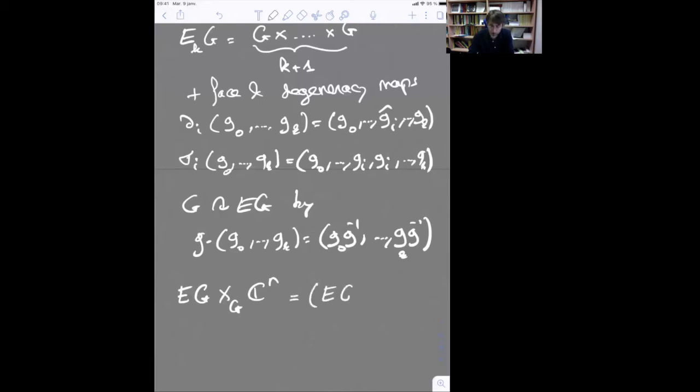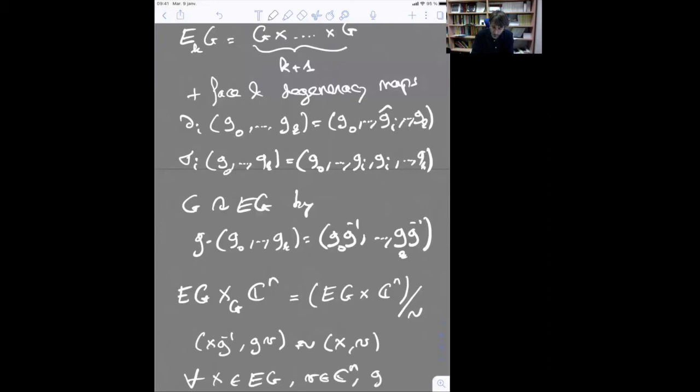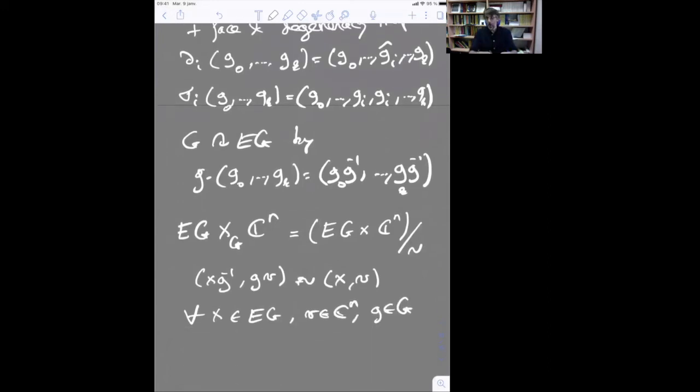This is just the product EG cross Cn, with the equivalence relation that (x g^-1, gv) is equivalent to (x, v), where x belongs to EG, v to Cn and g in G. Once you have a k-tuple of elements, you may translate them by the right action of G, and if at the same time you translate v by the left action, that's the equivalence relation.